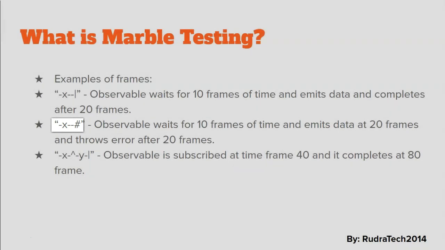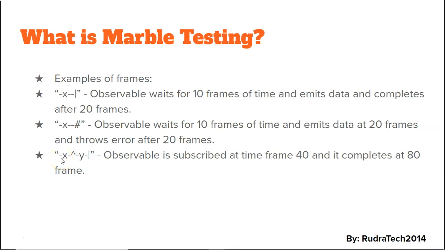Now this represents that the observable waits for 10 frames to emit the data, and after emitting the data it throws an error after another 20 frames. So the second frame emits the data and the 5th frame throws an error.